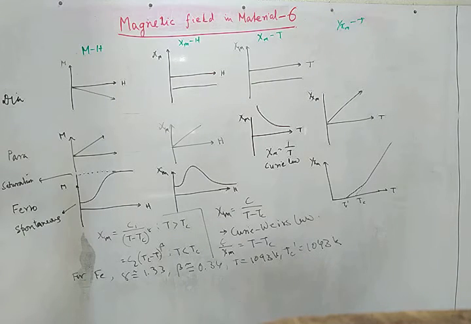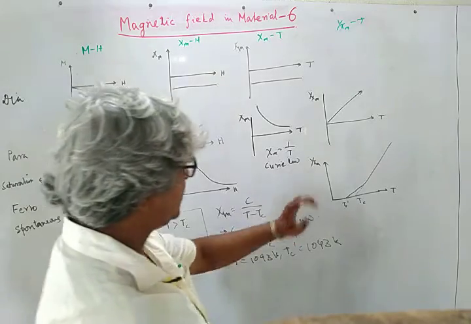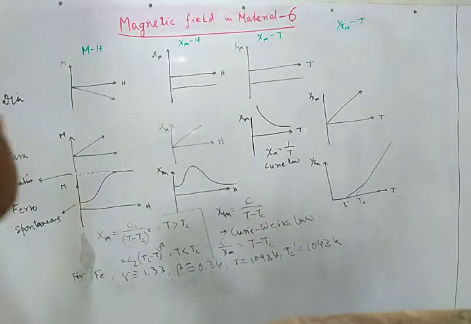At the Curie temperature, a soft transition takes place between the ferromagnetic and paramagnetic states. You will learn in detail about this ferromagnetism in the solid state physics course.